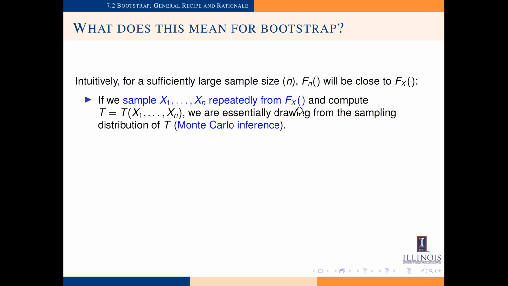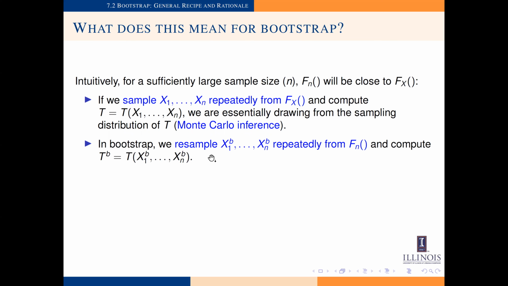We compute T based on our random samples from X, and we know that the distribution of T we will end up with across a large number of replications will approximate the sampling distribution of T.